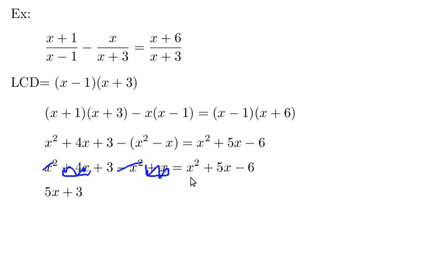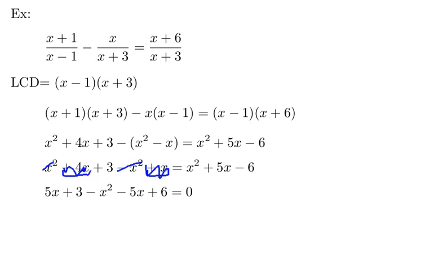Now I'm going to pull everything here to the left. So that means I'm going to subtract this from both sides of the equation. So we'll have minus x squared, and then minus 5x minus 6 equals 0. Okay, so now, oops, I'm very glad I caught this mistake.